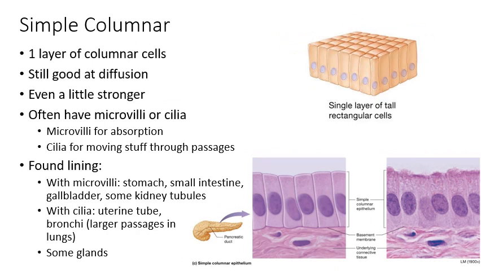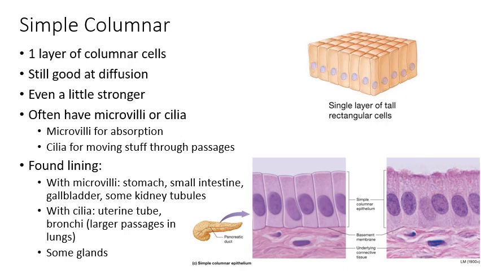Next, you have simple columnar, which is a single layer of columnar cells. So you can see in the image here that the nuclei are more towards the bottom of that epithelium, which is a characteristic of simple columnar tissue, or columnar cells in general.